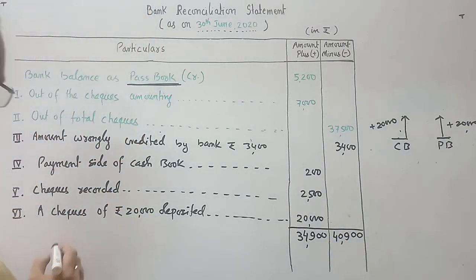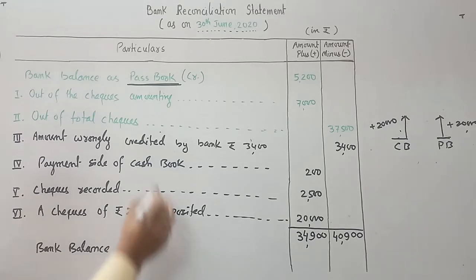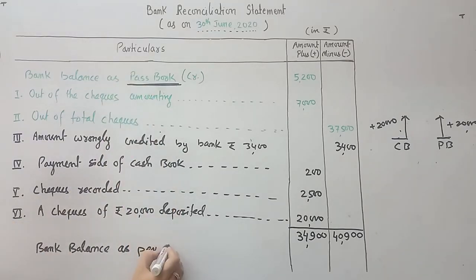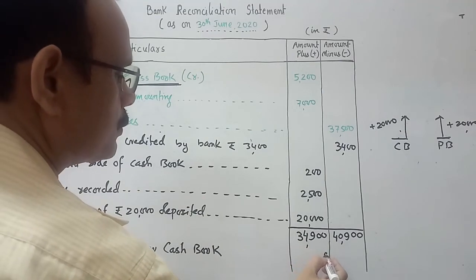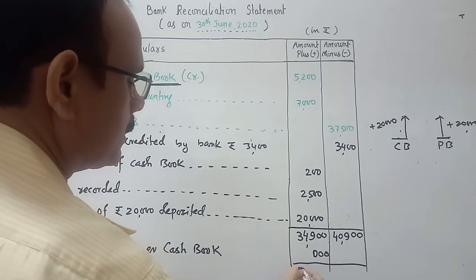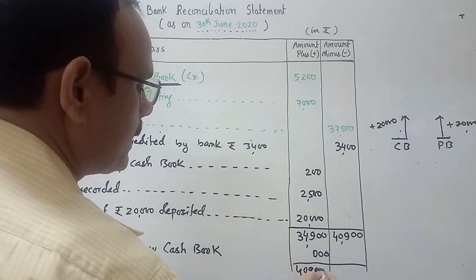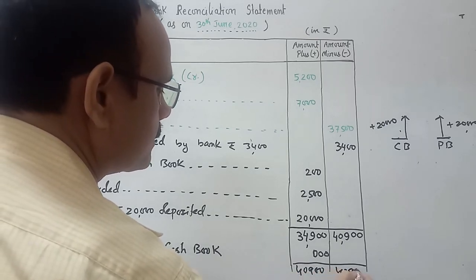So the difference will be your bank balance as per cash book, because we started with the passbook balance. This side is less and this side total is more, so we will write the difference.